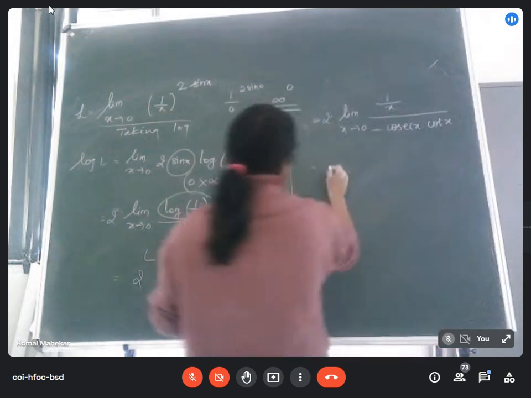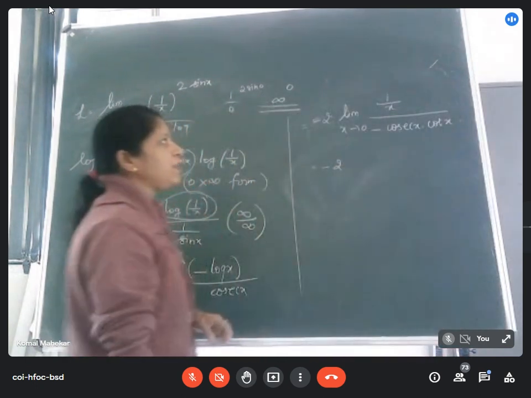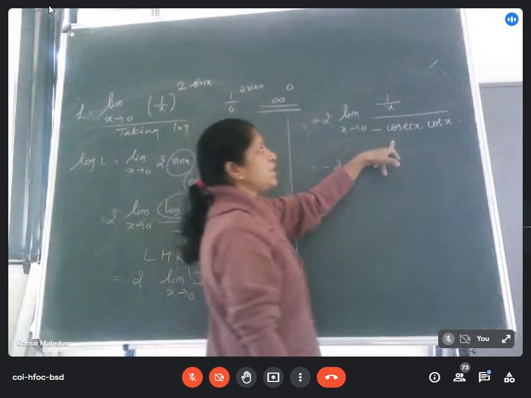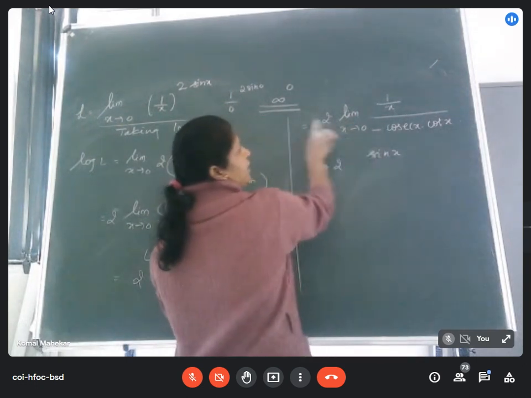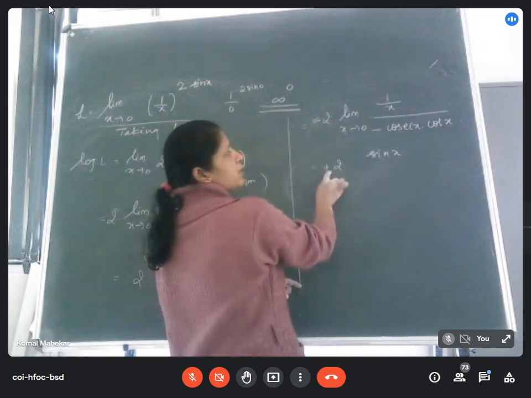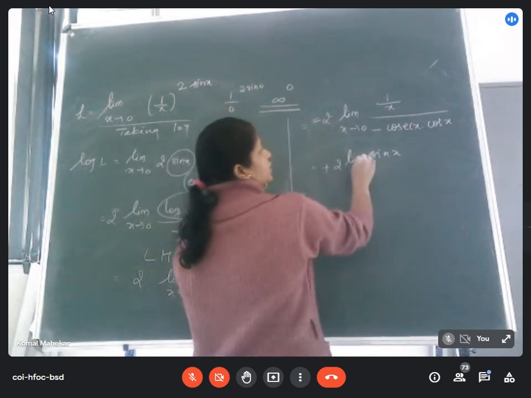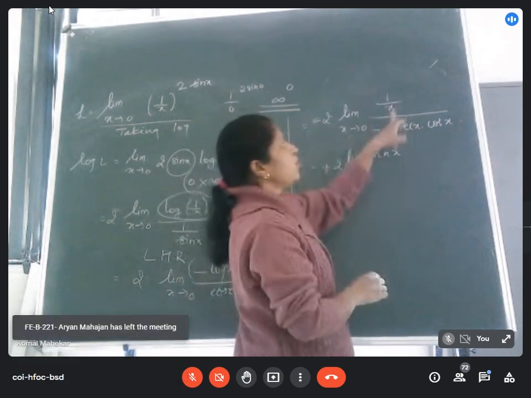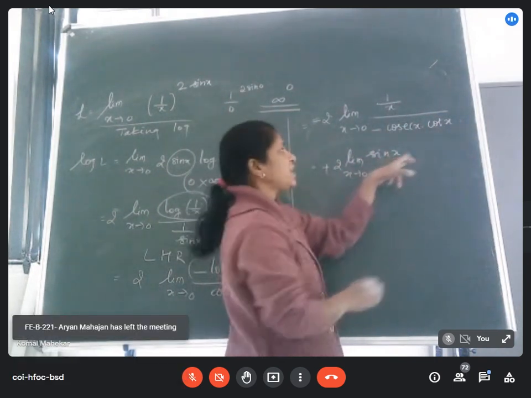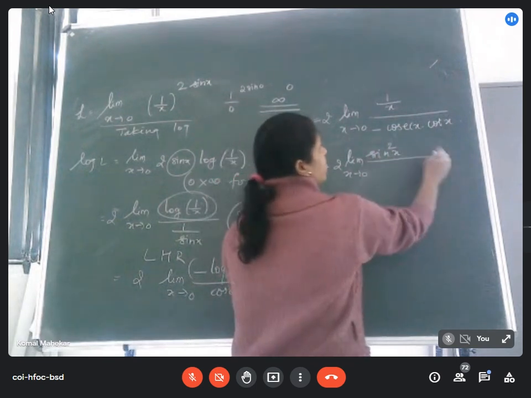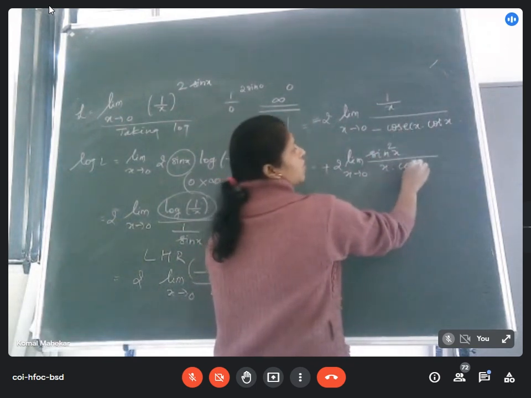So this is minus 2 into, if you apply the limit, 1 upon cosec is nothing but sin x. Minus minus becomes plus, so minus 2 into minus 1 becomes plus 2. Limit x tends to 0 of 1 upon cosec, that is nothing but sin, and cot is cos upon sin. So sin into sin becomes sin square x into cos of x.